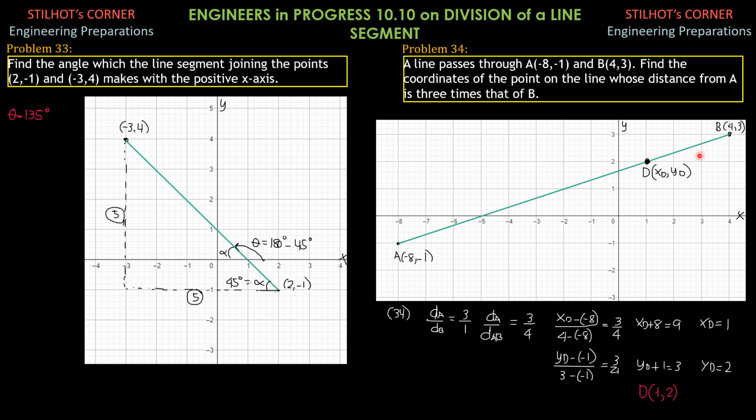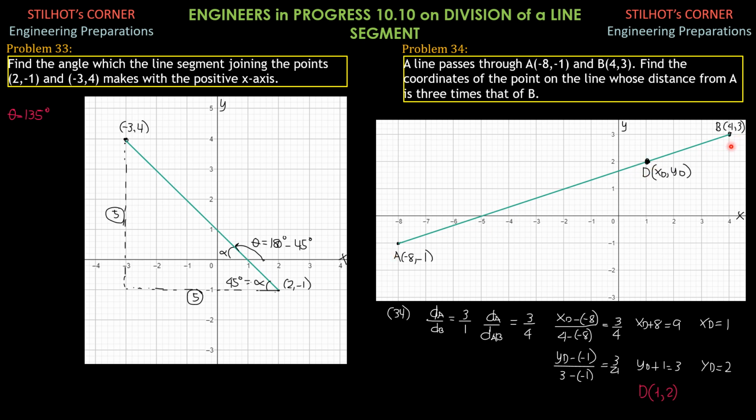This is the line segment joining AB, and D is closer to B because the distance of that point on the line from A is 3 times the distance from B.